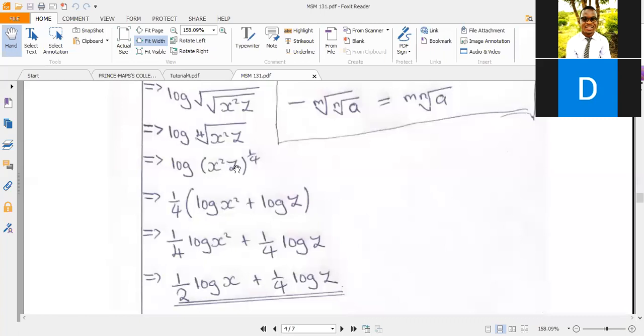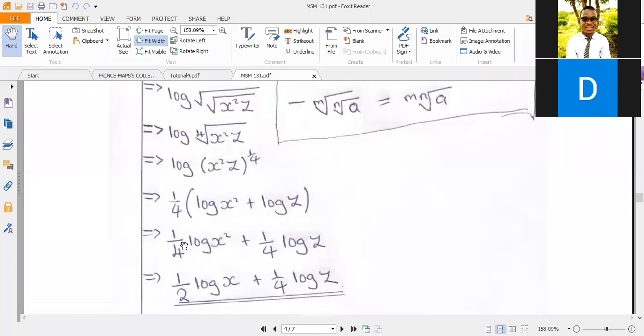But x squared z means x squared is multiplying z. So that is addition. So it will now be 1 over 4 log x squared plus log z in brackets. Meaning the 1 over 4 is multiplying both log x squared and log z.